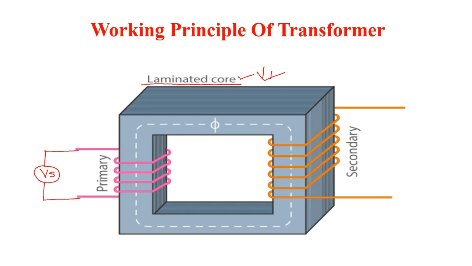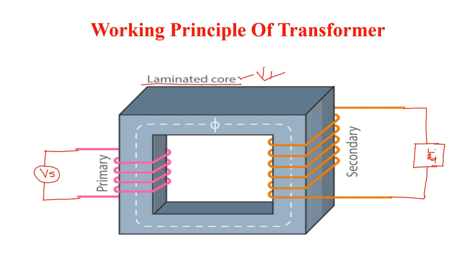So to the primary winding we must connect the supply only, but to the secondary winding we always connect the load. If we connect the load, then the secondary winding is completely closed.